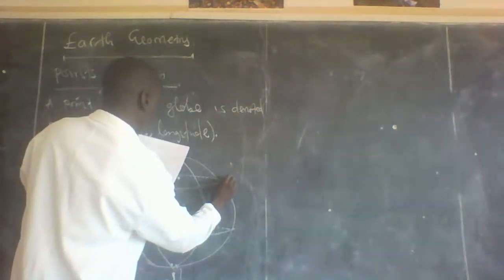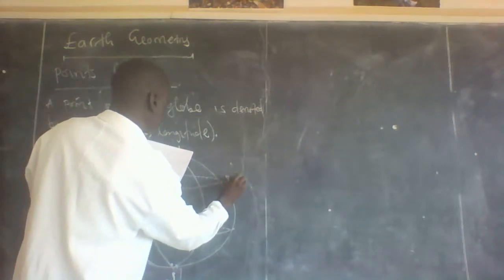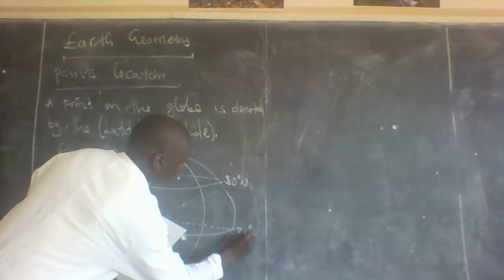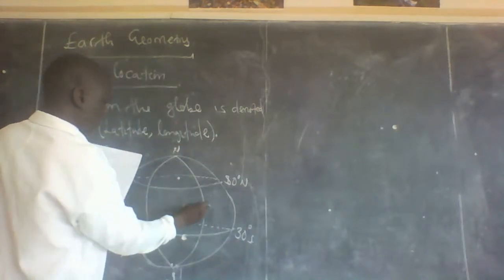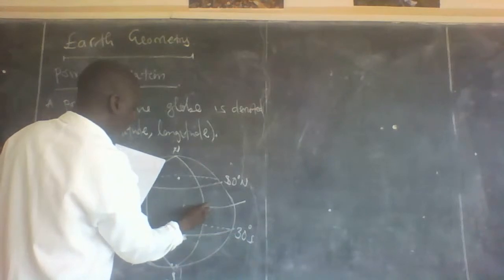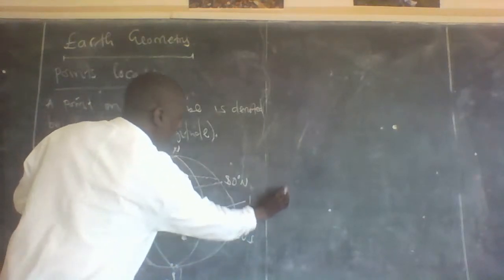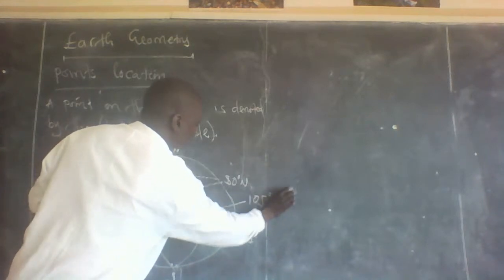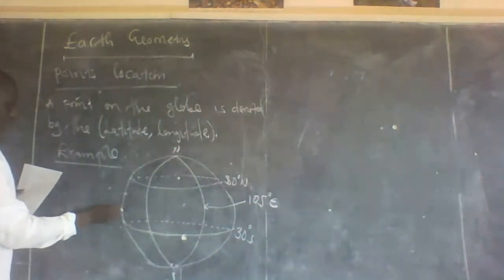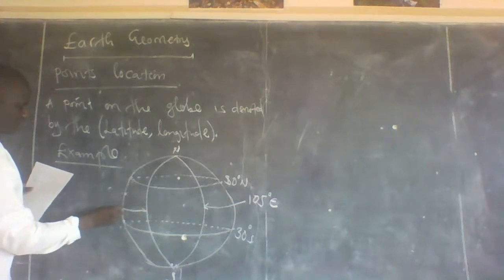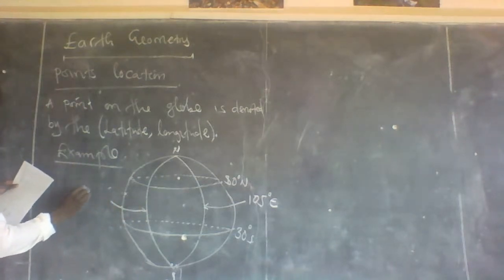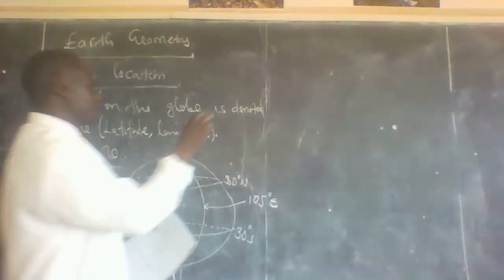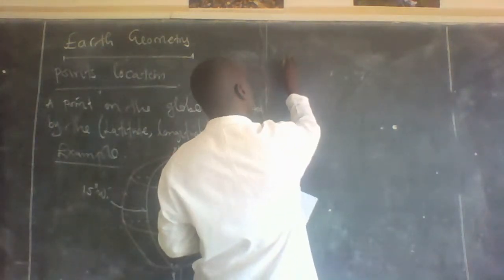So this is 80 degrees north, 30 degrees south. This line here is 105 degrees east, and this line here is 15 degrees west.